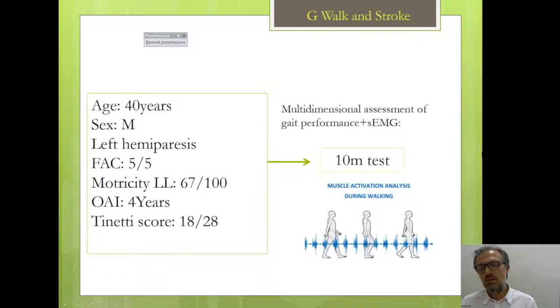I want to present, and then I'll certainly be happy to answer your questions in a few minutes, some data coming from the use of the G sensor, the G-Walk, with the integration of the surface EMG analysis system.